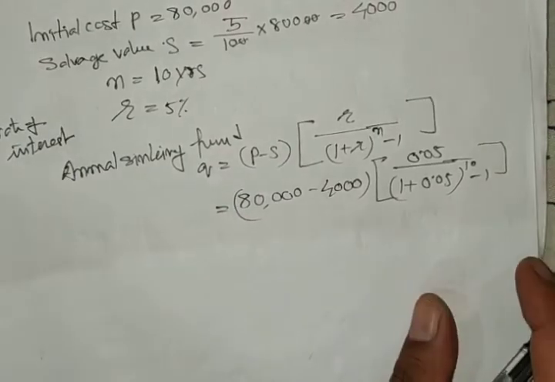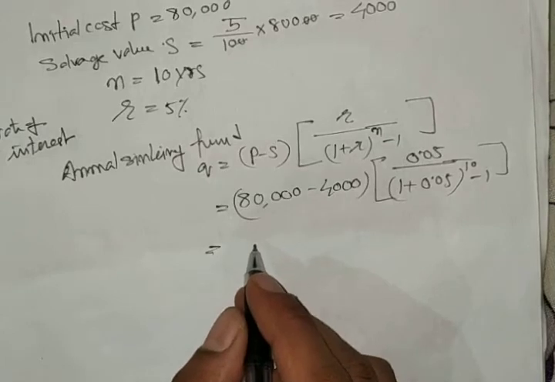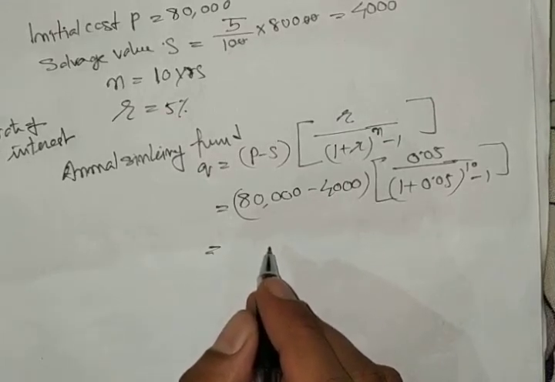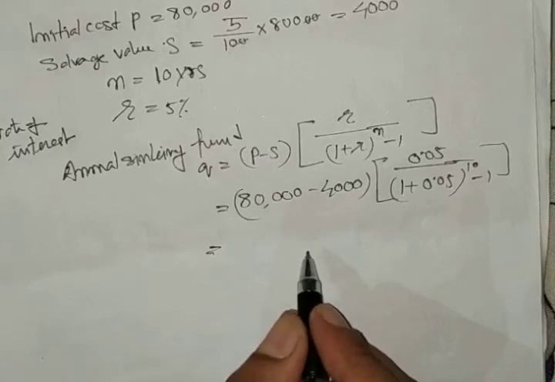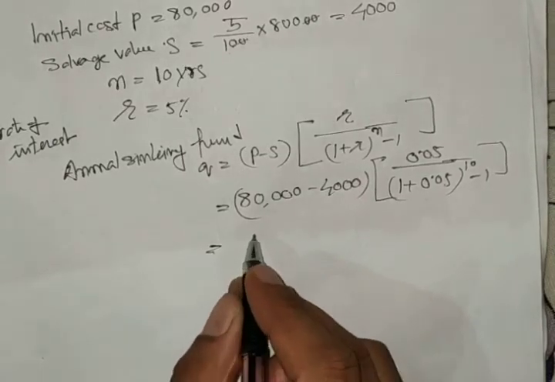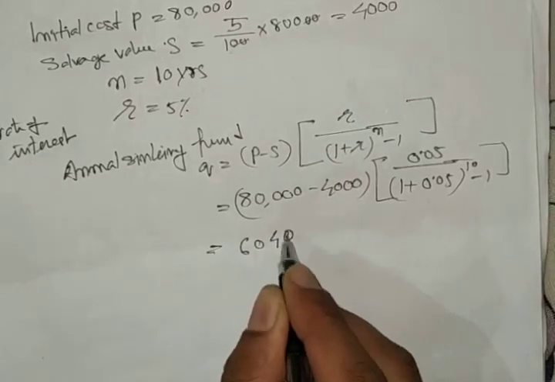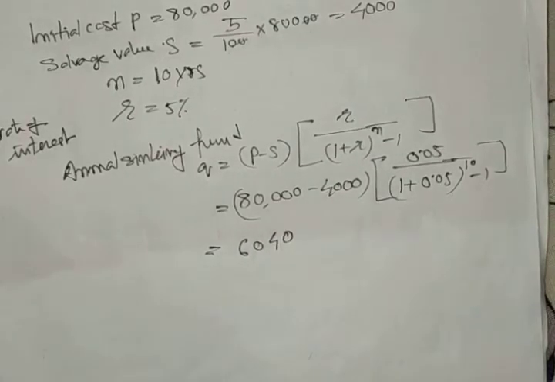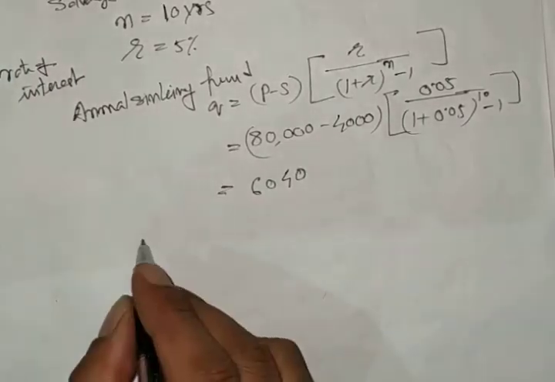So after simplification, you have to find out how much you will get. I think it's most probably 6040. Okay, 6040, that is the annual sinking fund.